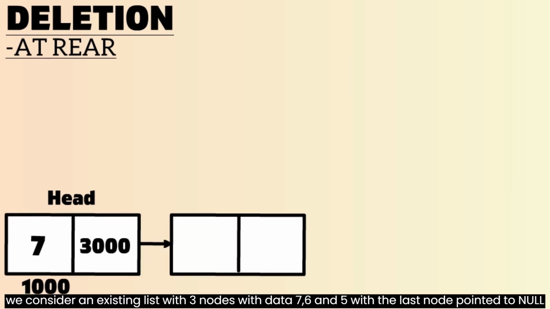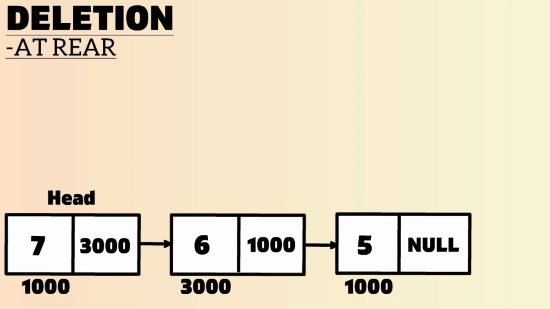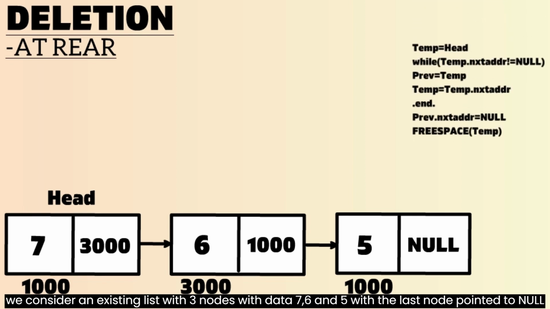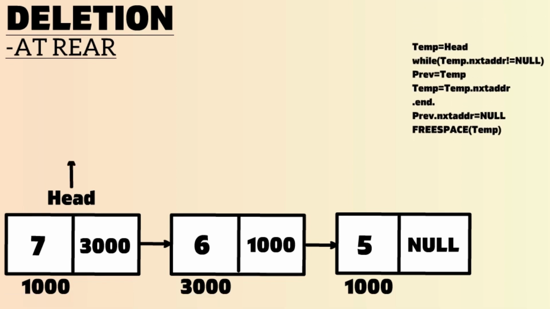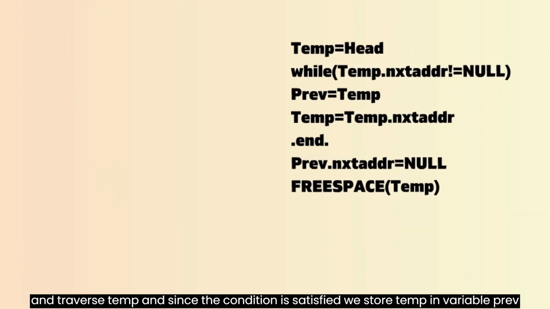Now coming to the deletion at rear, we consider an existing list with 3 nodes with data 7 and 6 and 5 with the last node pointed to null. The algorithm is displayed here. We assign the head into variable temp and traverse temp.